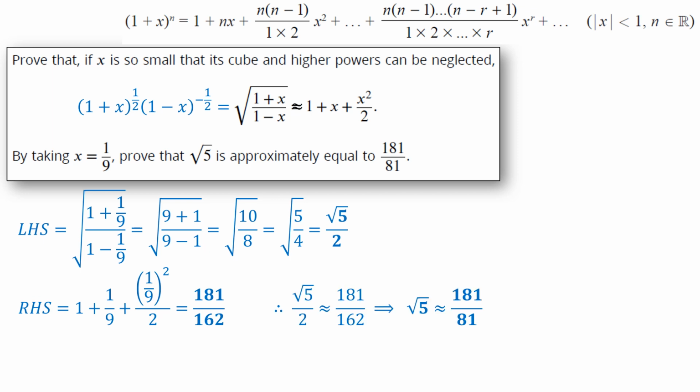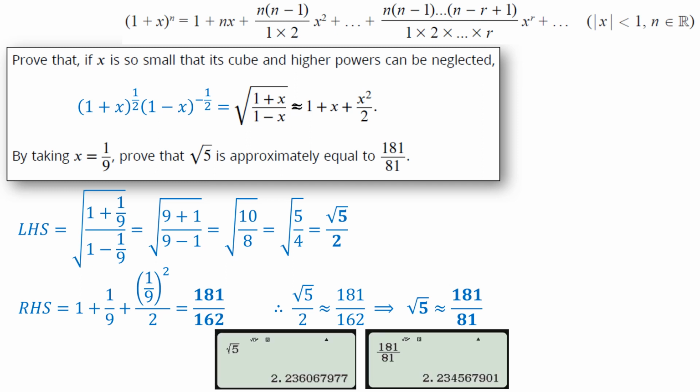If a half of root 5 is roughly 181 over 162, then root 5 itself is roughly double that, 181 over 81. And it's not a bad idea at this stage to double check, if you've been asked to approximate something, is your answer reasonably close to the thing it's been attempting to approximate. In this case, 2.236-ish is the more accurate value of root 5. Our approximation comes out as 2.234-ish, so it's not far off.